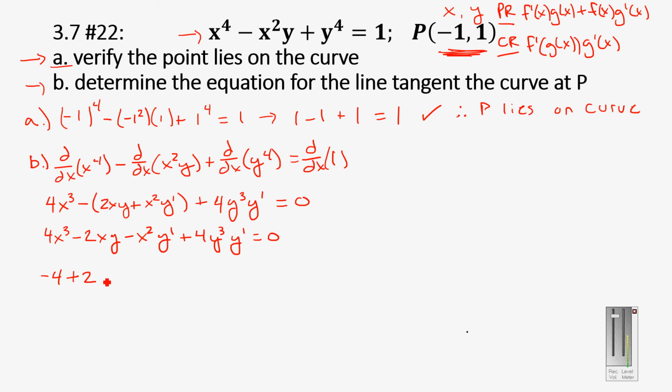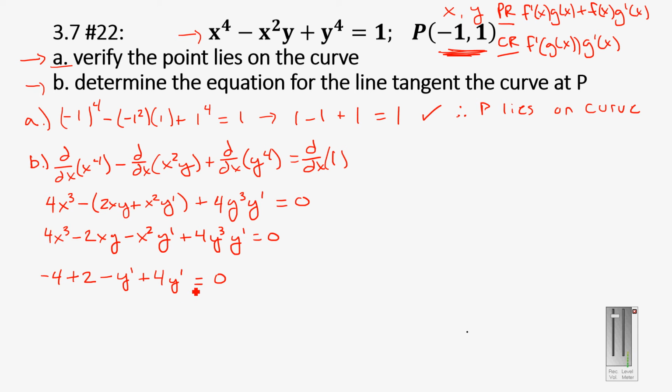And then minus x squared, negative 1 squared is 1. So minus 1 y prime, so I'm just going to call that minus y prime, plus 4y cubed. The y is 1, so y cubed is 1 times 4. This will be 4y prime equals 0.